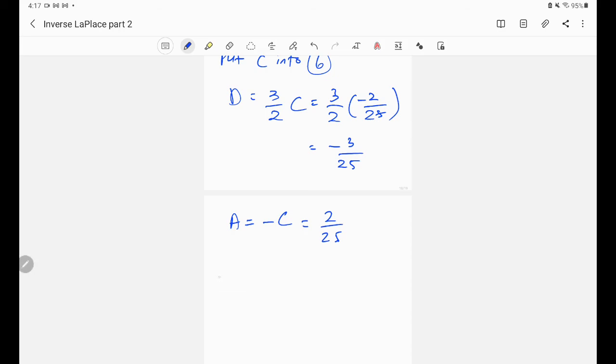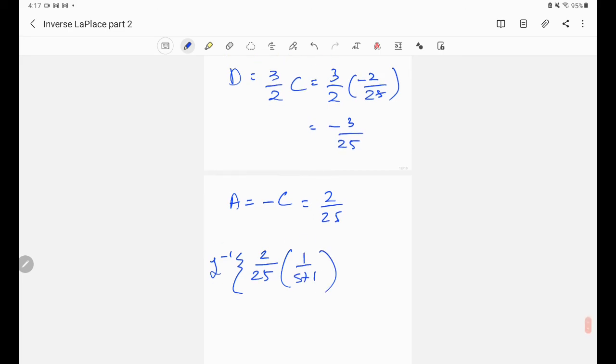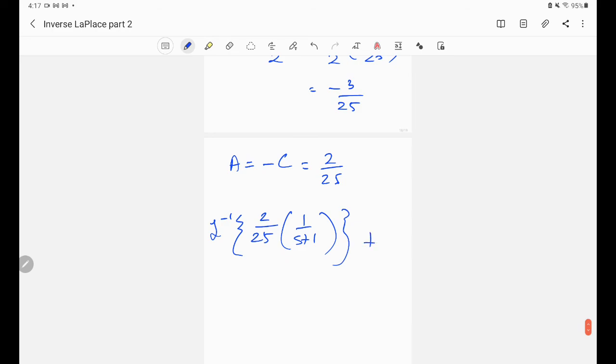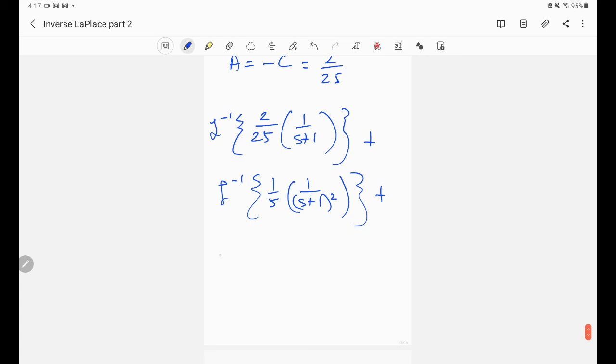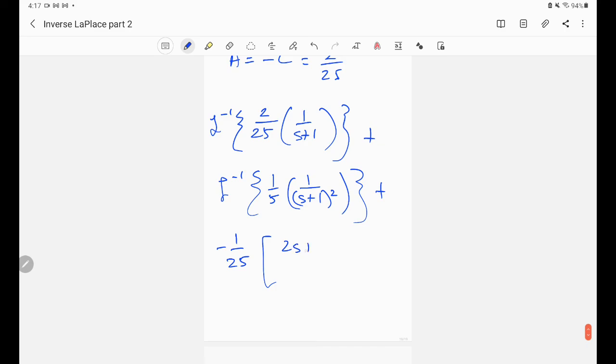to find the inverse Laplace of A, which is 2 over 25, times 1 over s plus 1, plus 1 over 5, times 1 over (s plus 1) squared, plus 1 over 25, times (2s plus 3) over (s squared plus 4).